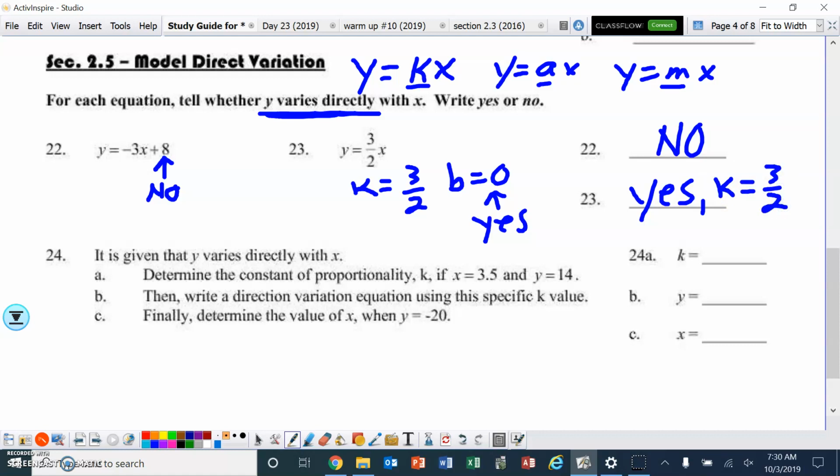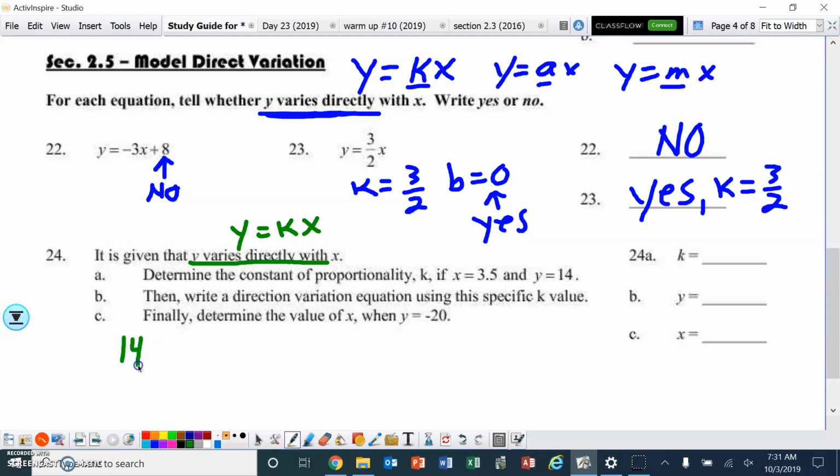All right, number 24. It is given that y varies directly with x. Well, that part right here says y equals kx. So determine the constant of proportionality k if x is 3.5 and y is 14. We're going to plug in 3.5 for x and 14 for y.